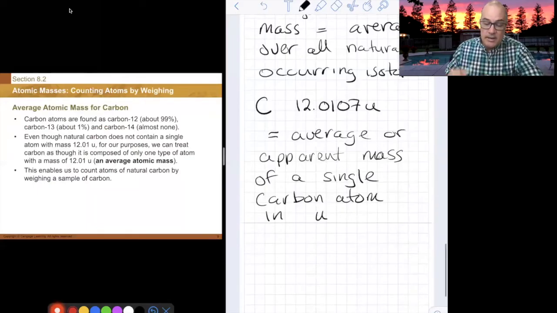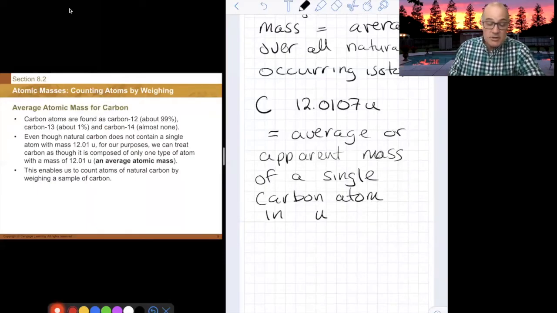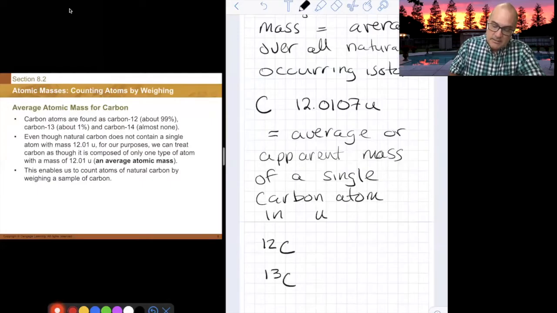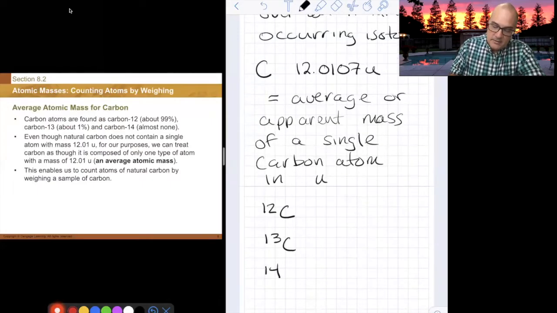All right. So in carbon's case, it turns out that carbon atoms are carbon 12, carbon 13, and carbon 14. So these are the masses. And what we can say without being super specific about it is that the mass of carbon 12 is about 12 U per atom.